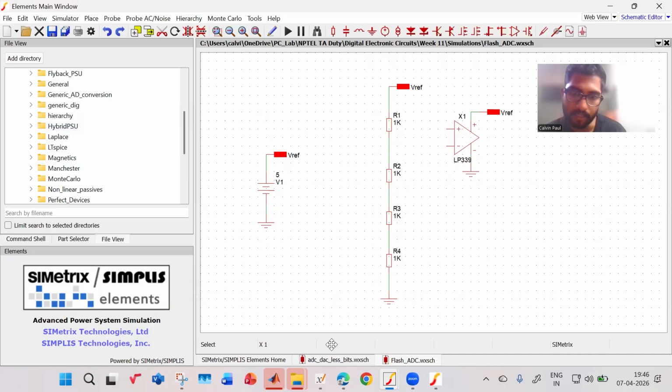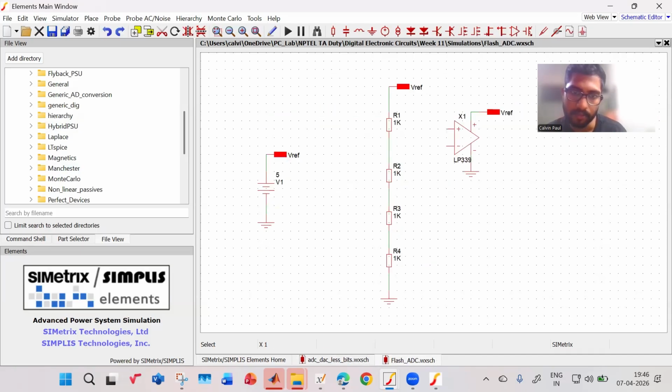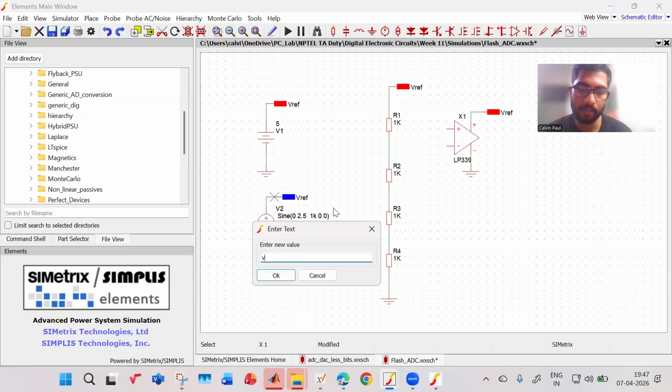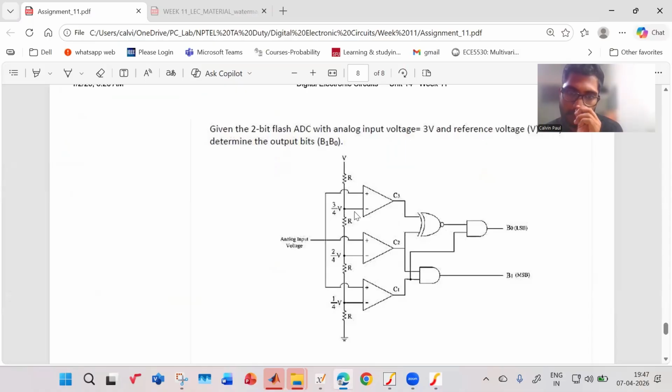Okay, we have to also add an input signal. So this is like an input signal we can have like this. Same input signal here. This is your input signal. This is my input signal Vin, right? So over here, I will compare it between what and what. Plus is going to my input signal and minus is coming here.